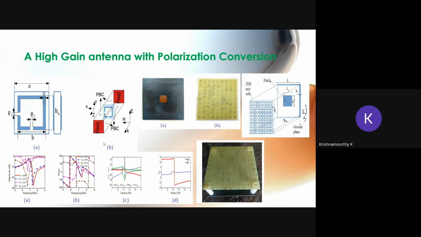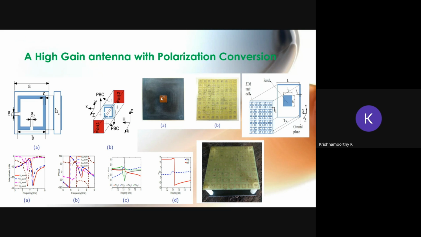Power is one of the resources of wireless communication, similar to bandwidth. If the antenna gain is higher, we can operate with low power also to get the desired bit error rate performance. So antennas should always give high gain. Here we are going to improve the conventional antenna gain.